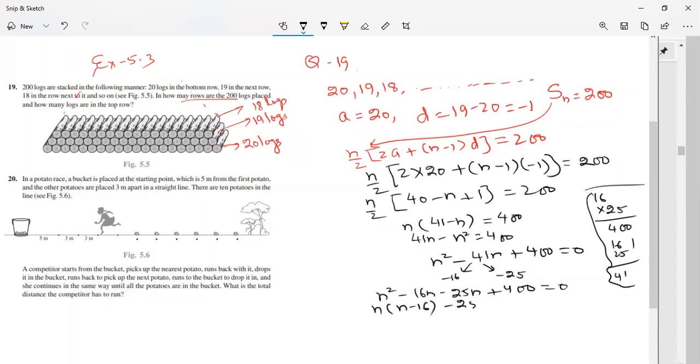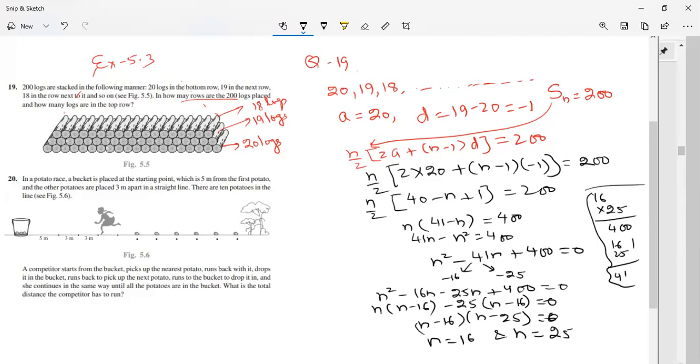Now taking minus 25 common, n minus 16 again, since 16 into 25 is equal to 400. So we get the factors n minus 16 into n minus 25 is equal to 0. Now we got the two values, n is equal to 16 and n is equal to 25. Now we have to see which one is correct and why the other one is not correct.